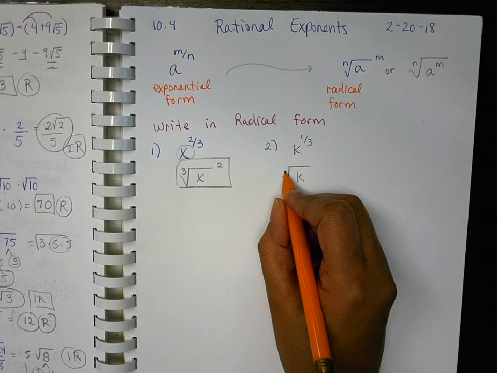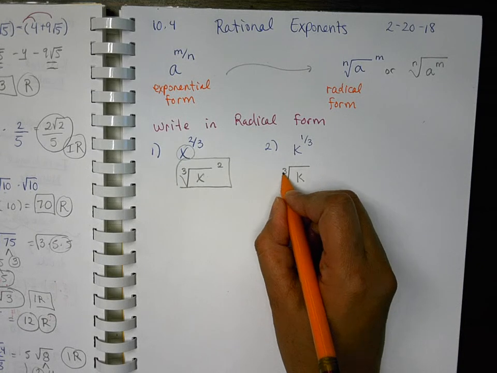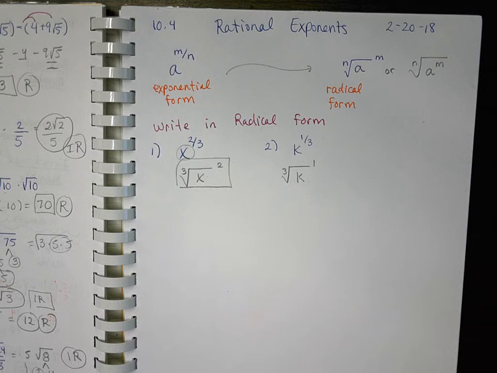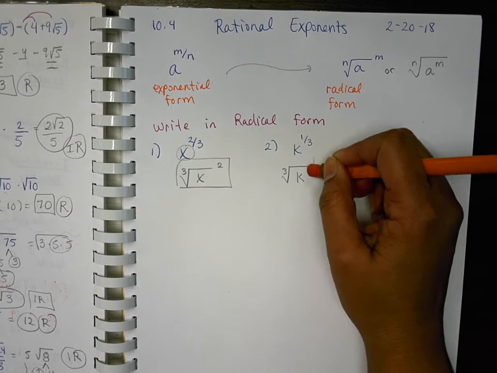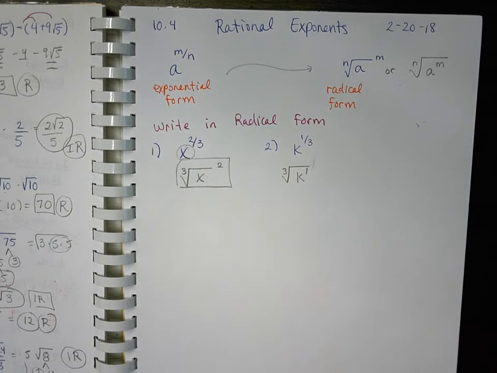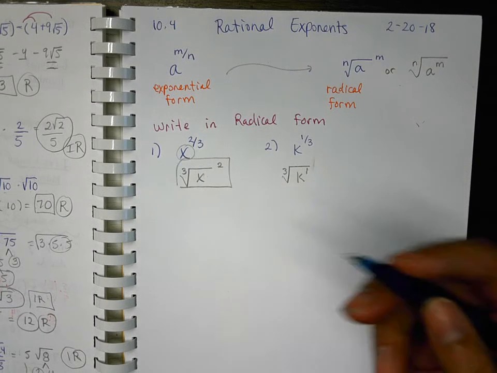What goes here? 3. And the power? 1. All right. Now, do you have to write a power of 1? No. You can write it on the outside, not write it at all, or write it on the inside. Is it necessary to write an exponent of 1? No. All right, but I'm going to put it there.